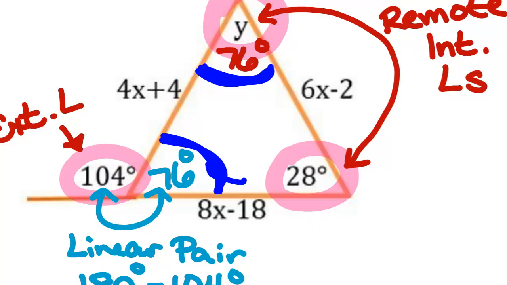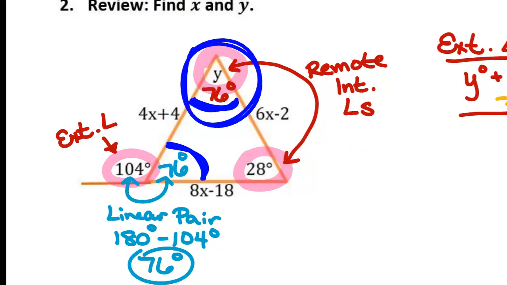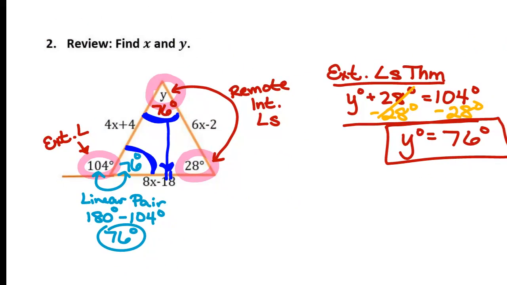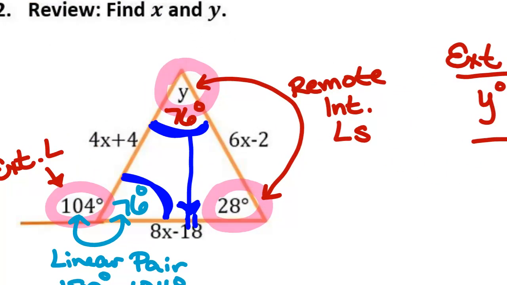So opposite this angle up here, what side is opposite that angle? What side is opposite y? Yes, 8x minus 18. This side right here. I'm going to go ahead and mark that with congruences. What's the other side that would be one of my congruent sides?